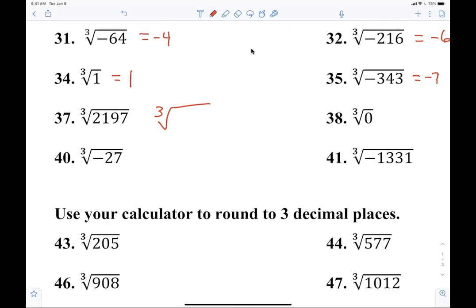Everybody with me? So now, here's what I want everybody to do. Hit 3 on the calculator, then hit X root, and then type in 2197.